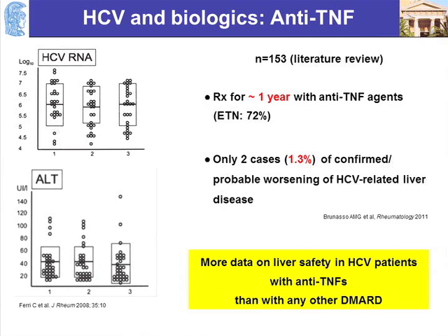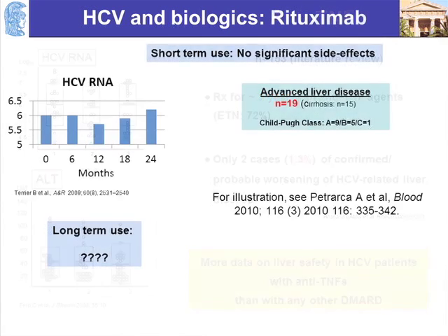The majority of them got etanercept, about 70%, and what is reassuring is that there were only two cases of confirmed or probable worsening of HCV-related liver disease. So I think that we have more data on liver safety for these patients than with any other DMARD, and it appears that this is a safe option. And actually, it may have some antiviral activity, and I'm sure Nizar is going to present some of this data.